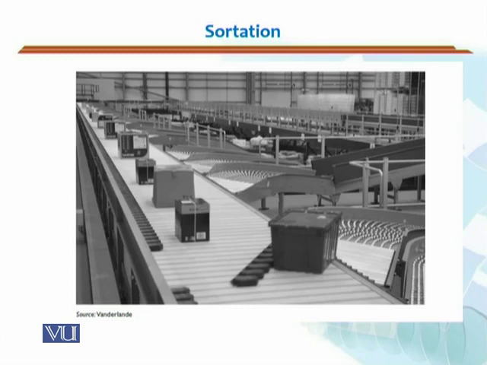You are sorting different SKUs, not manually, but using a mechanized system. So these are the things that are actually diverting that SKU, that box, and it is the slide shoe sorter, and it is extensively used.